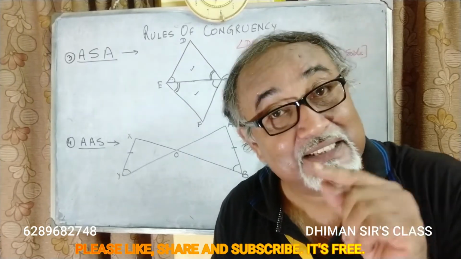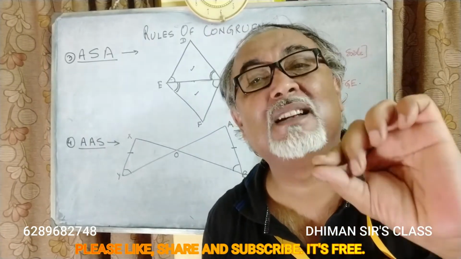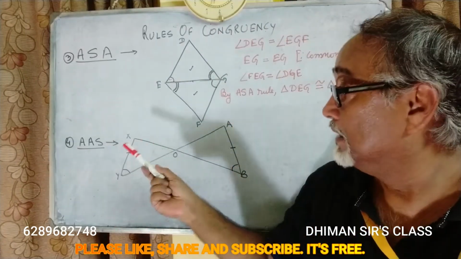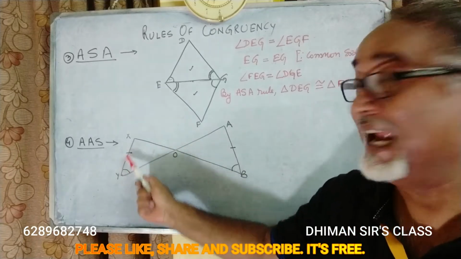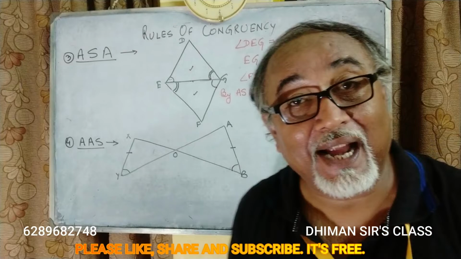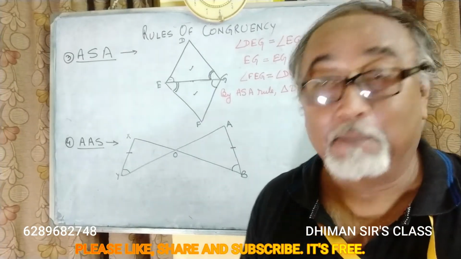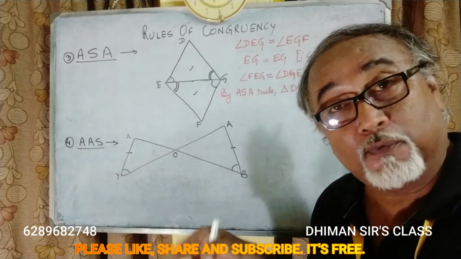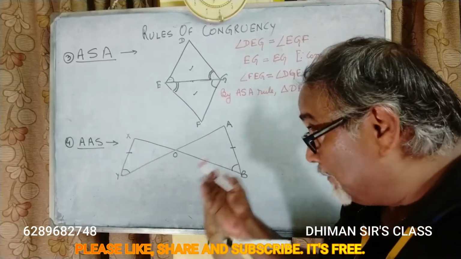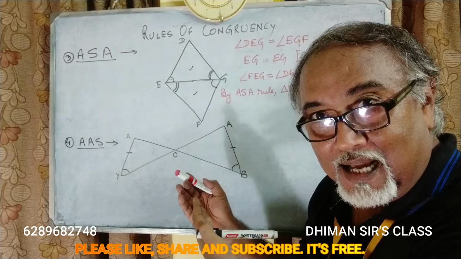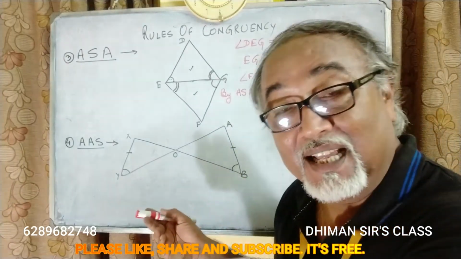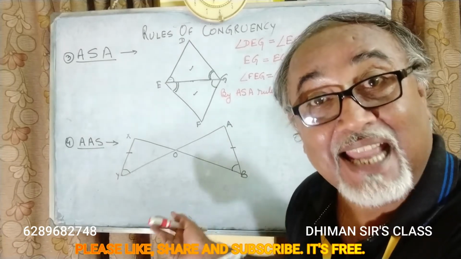See students, sometimes the hints will be hidden. We have to find out by seeing the diagram or from the information which is not given, but some information is hidden. The question is playing hide and seek game with us.